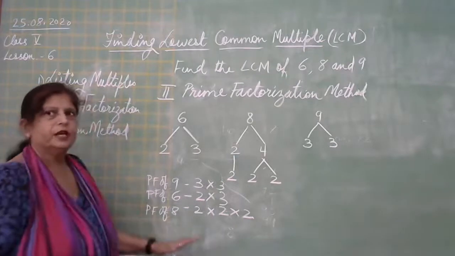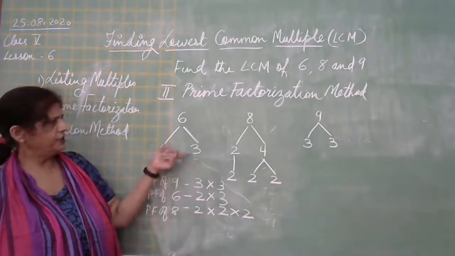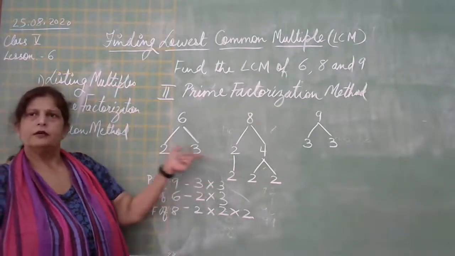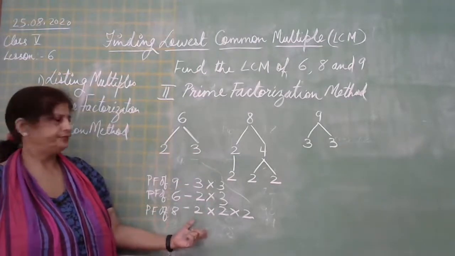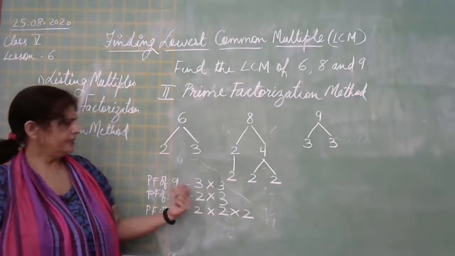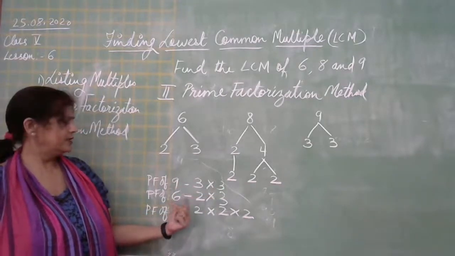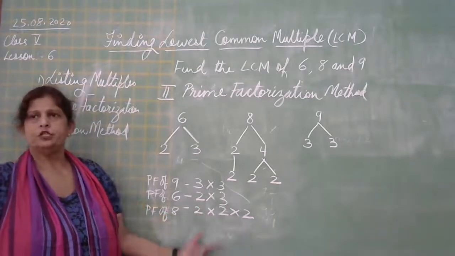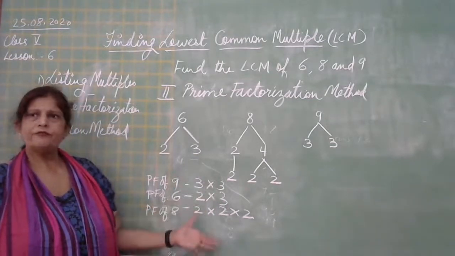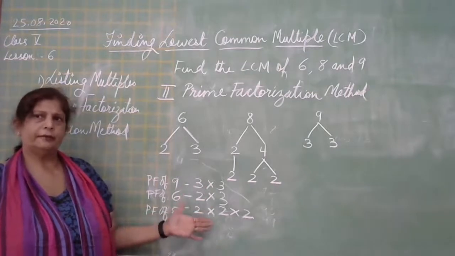Right, children? I have written prime factorization that we found in factor tree method. It could be written in this way also, right? 9, 3 times 3, 6, 2 times 3, 8, 2 multiplied by 2 multiplied by 2. We have written the prime factorization of all the three numbers.